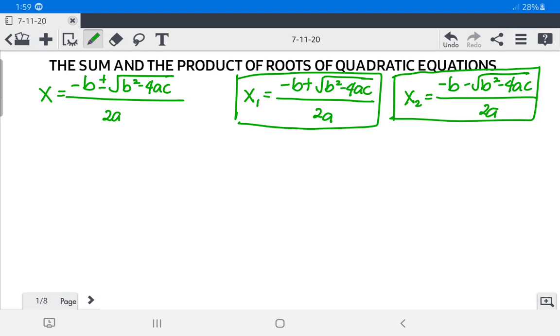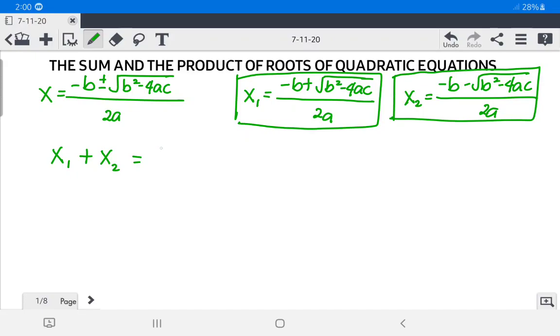Then, the sum of the roots is defined by x of 1 plus x of 2. We all know that x of 1 is negative b plus square root of b squared minus 4ac over 2a. So, let us now substitute that.